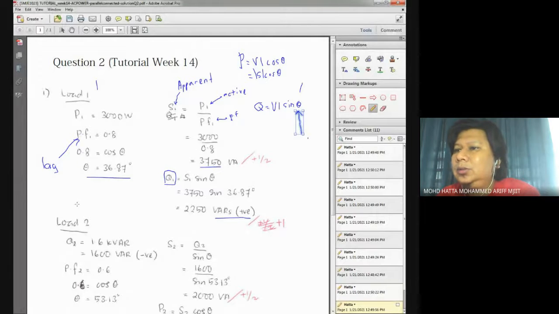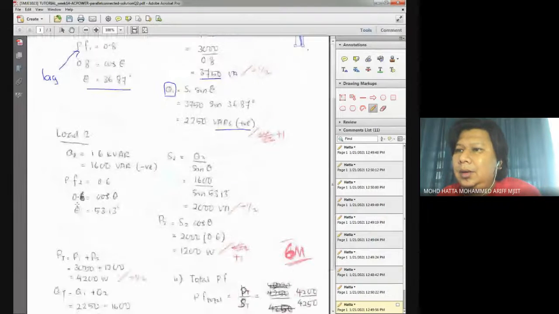For load number 2, we have reactive power of 1.6 kVAR, or 1600 VARs, and remember that this reactive power must be negative because in load 2 we have a leading power factor.